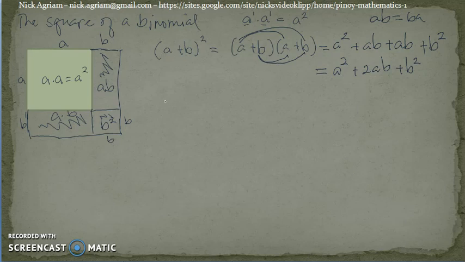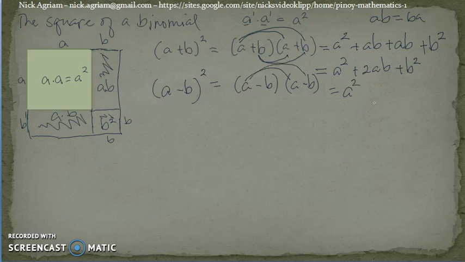In the same manner, if we have A minus B squared, it is equal to A minus B, A minus B. That means A multiplied by A is A squared, and then we have A multiplied by negative B. We need to include even the negative symbol, and we have negative AB, and then negative B multiplied by A is negative AB, and then negative B multiplied by negative B is positive B squared.